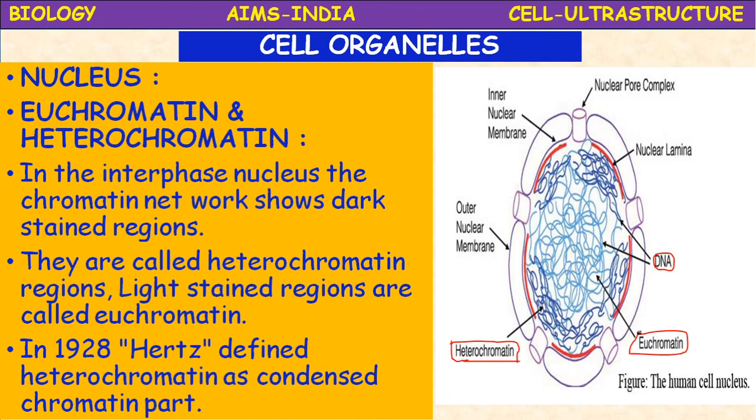Chromatin material gets condensed during cell division. Before that it was diffuse and free, and when the cell decides to divide, the chromatin material gets condensed.